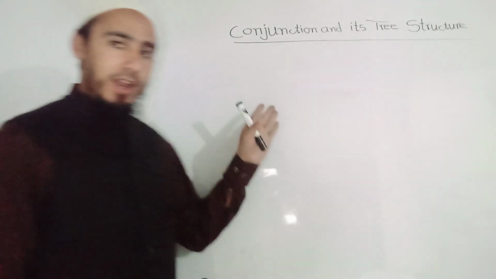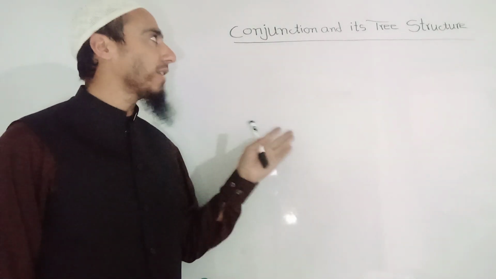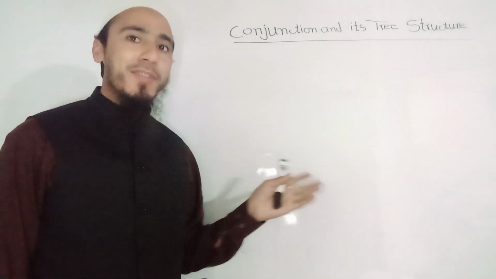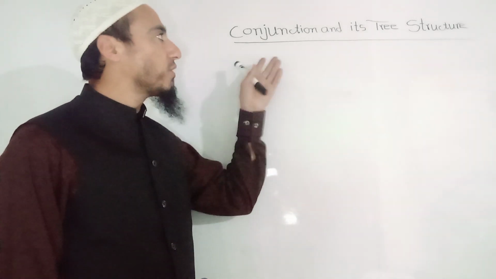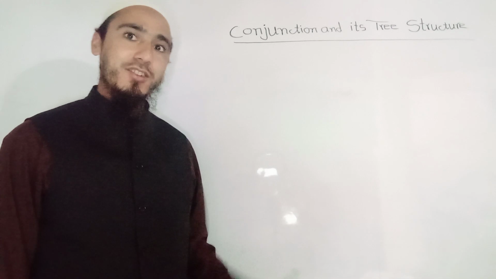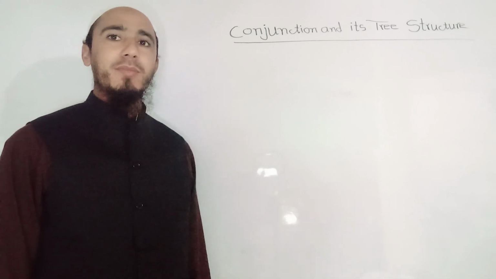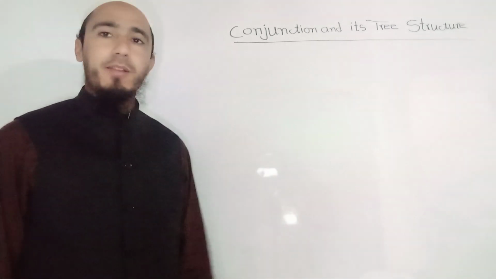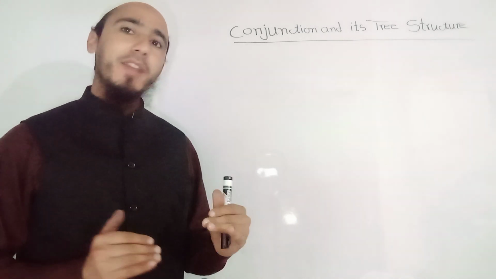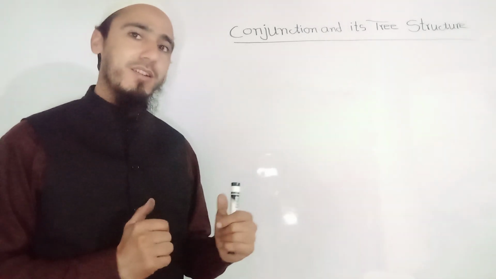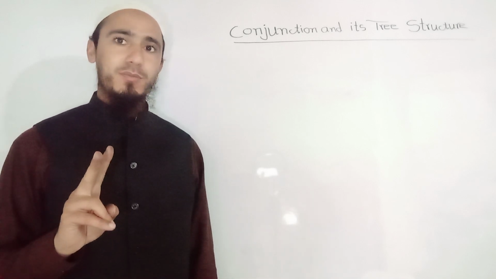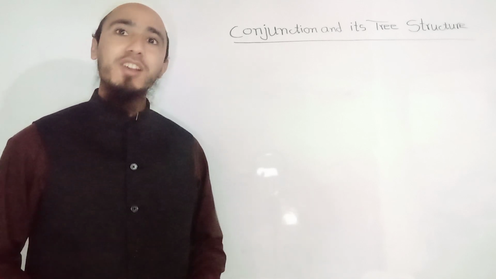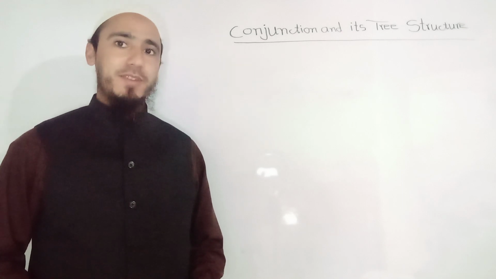Now, in this lecture, I will tell you what the method of the tree diagram is, what the structure of the conjunction is as a tree diagram. So let's come to the topic. Listeners and audience, you know that conjunction is a word which connects two constituents in order to make a larger constituent.